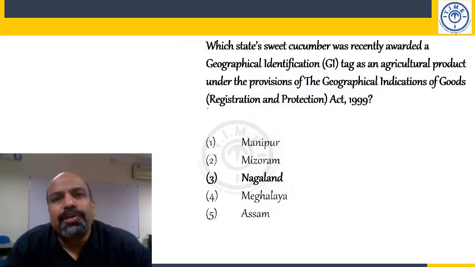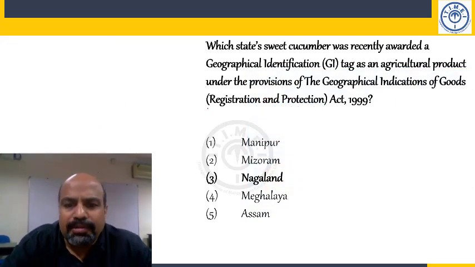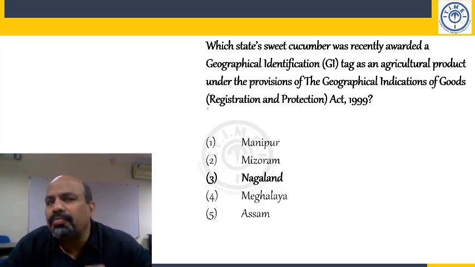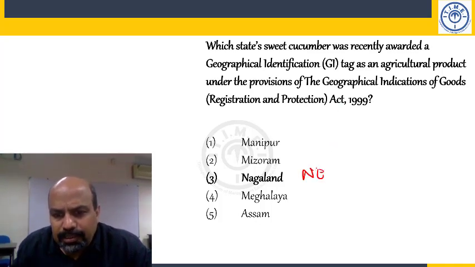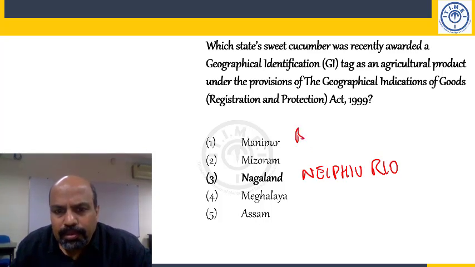Which state's sweet cucumber got a GI recently? Well, Nagaland. I think we'll just skip this now, too much of GI. Nagaland's chief minister is Neiphiu Rio. Manipur, Biren Singh.